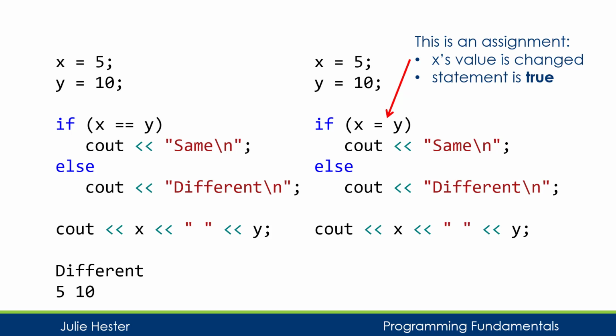And so this will be a true statement, and I will see the word same. So again, if x were 5 and y were 10, I'm going to assign 10 to x. I'm going to show same, and then when I display their values, I'm going to see that they're both 10.